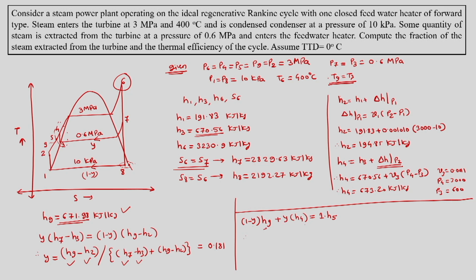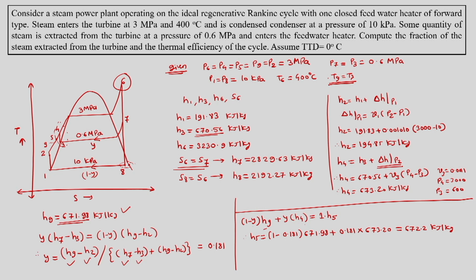Using this we can find out our H5. So, 1 minus 0.181 into H9, and H9 is 671.98, plus 0.181 into H4, and H4 is 673.20. This gives us H5, which happens to be 672.2 kilojoule per kg. Now we know enthalpies at all stations.